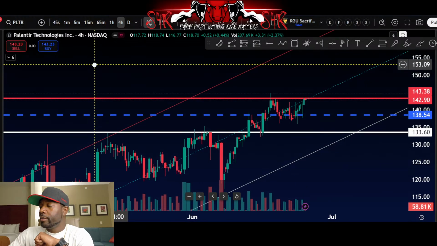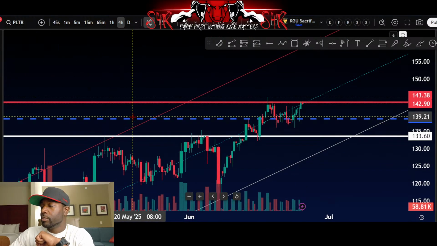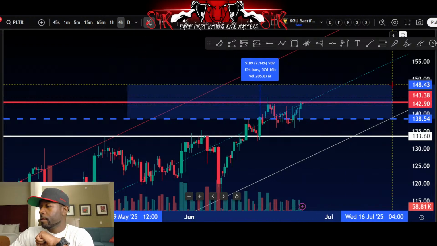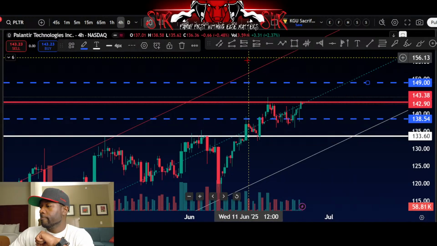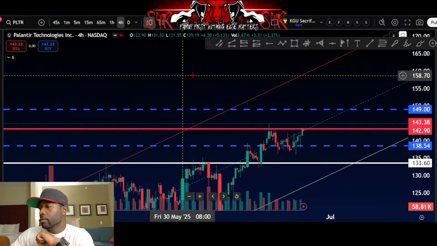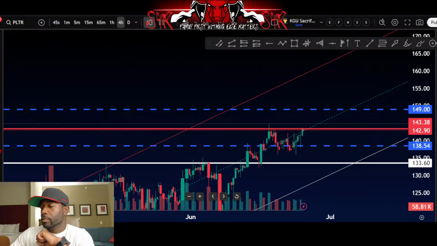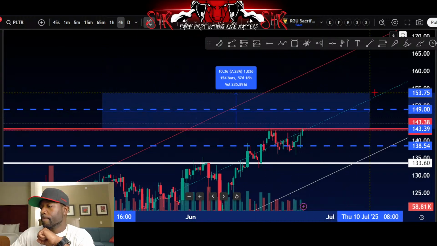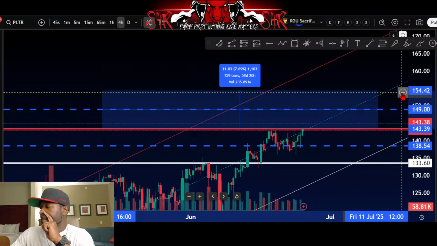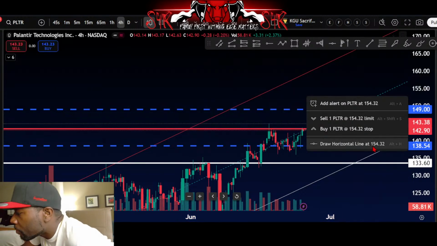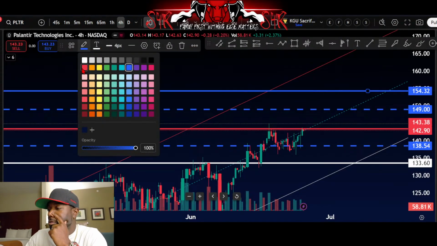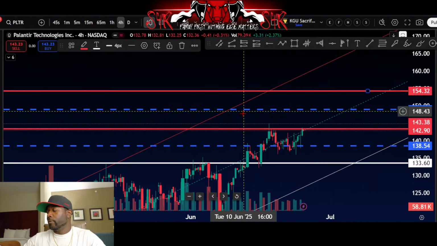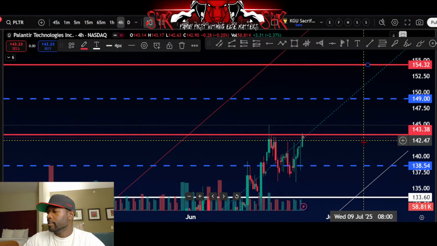So your next stop for Palantir, here are your levels: $149, and then we are looking at 154.32. So this is your range for Palantir.